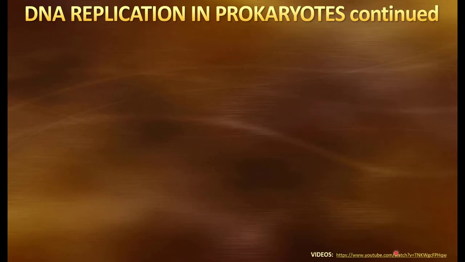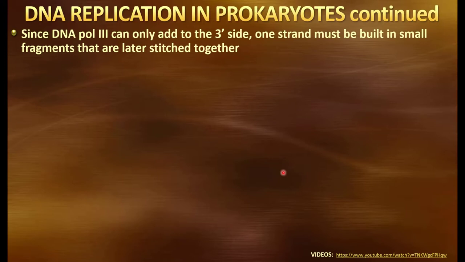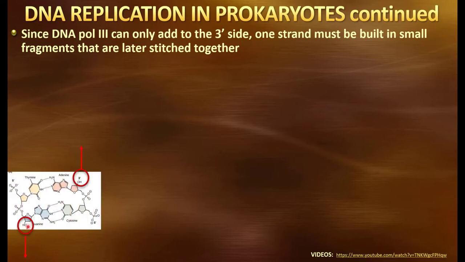Let's look at some of the other steps involved. Since polymerase can only add to the 3' side, one of my strands can be built continuously. The other strand has to be built in little pieces, in little fragments that I then later stitch together. As we saw a minute ago, this one can build in this direction because I can add to my 3' side and bring in new nucleotides going this way.